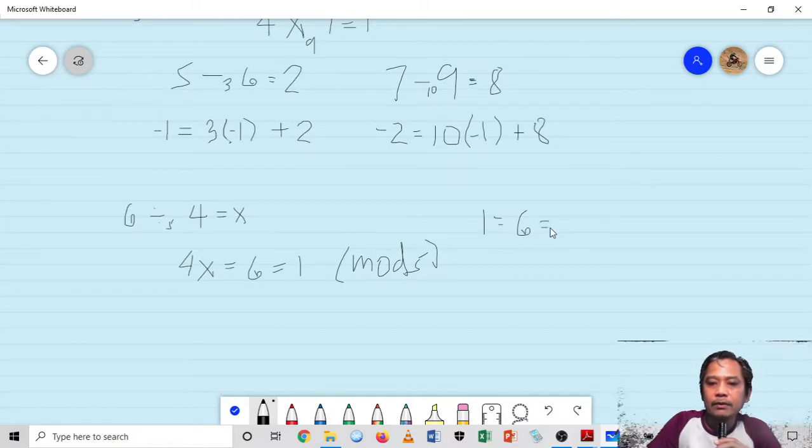It is also equal to 11, and also equal to 16 in modulo 5. And 16 is now a multiple of 4. So we say that 4 times 4 is now equal to 1 in modulo 5.